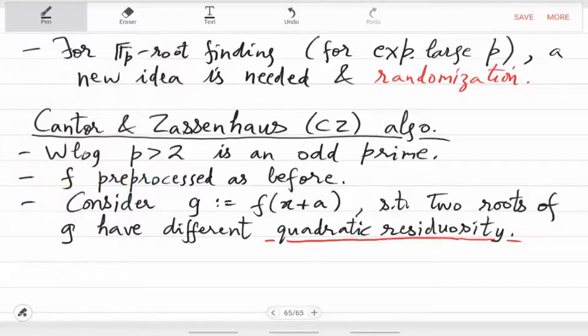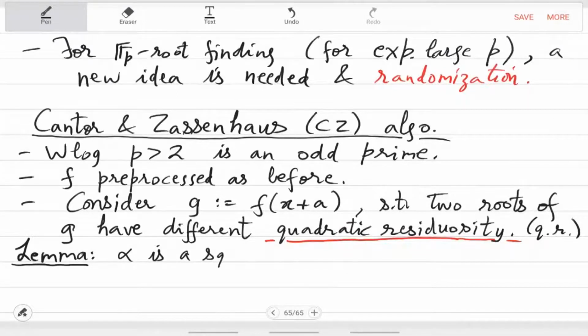So we show that alpha is a square, let me shorten this as QR, or a QR.